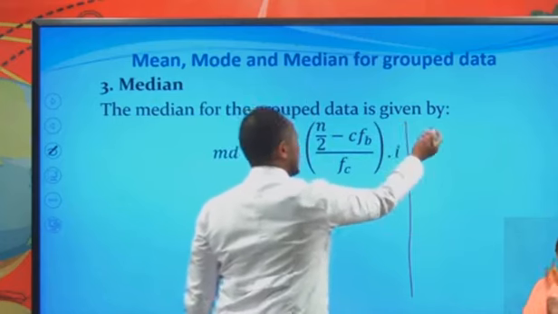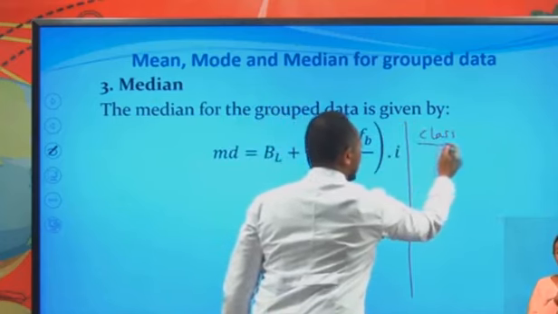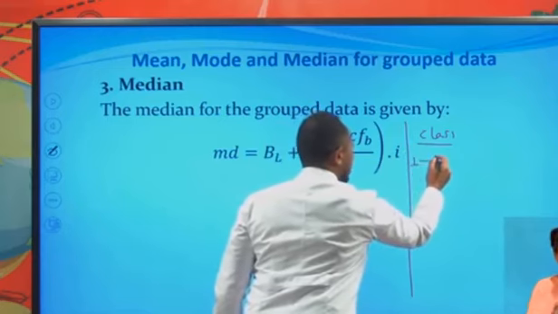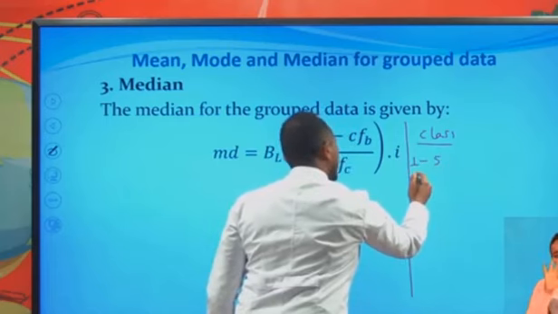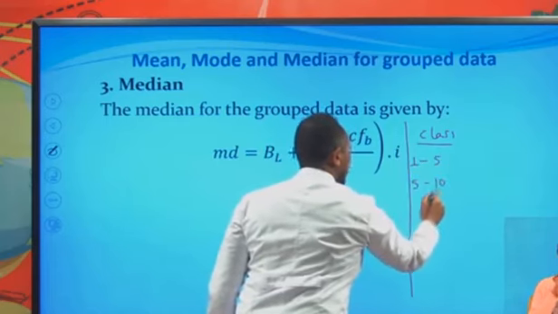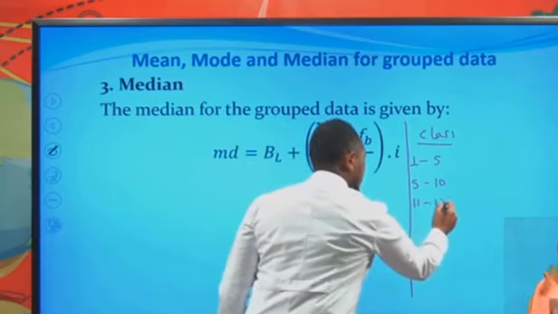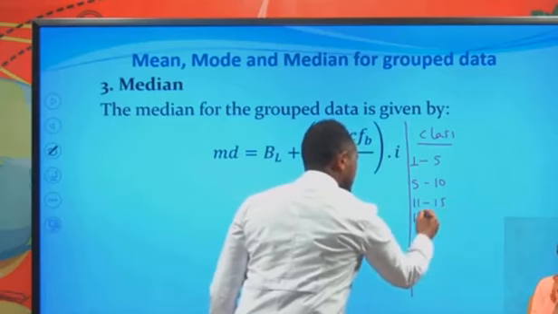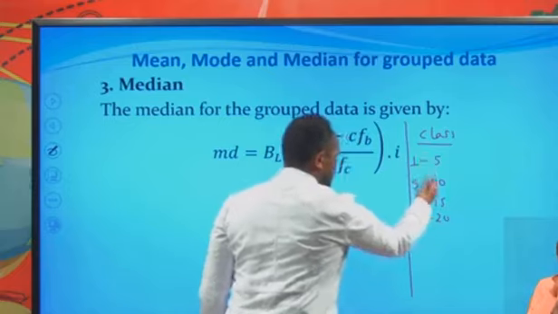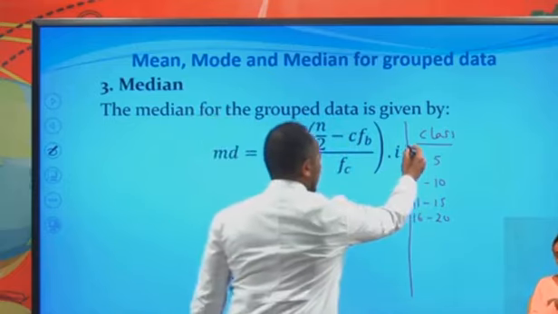This means if we have this grouped data, let's take the previous example from 1 up to 5, from 6 up to 10, from 11 up to 15, and from 16 up to 20. Assume we have 4 grouped classes.